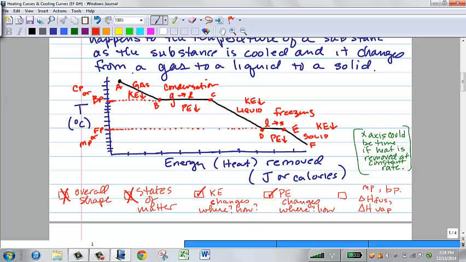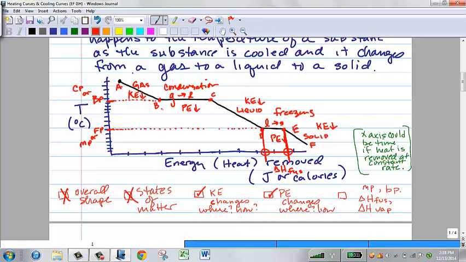What is the heat of fusion? The amount of energy required to melt something. So what will I see on this curve? On this graph, I'll see the amount of energy that I have to remove to freeze something. So whatever the difference is between these 2 points, that would be the heat of fusion.